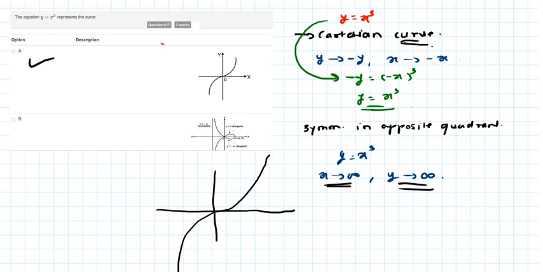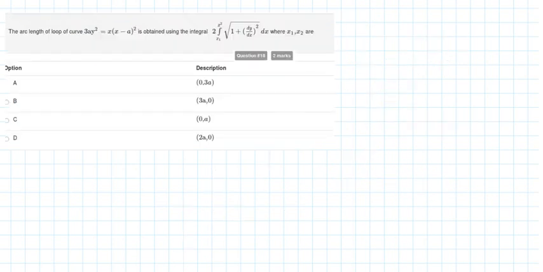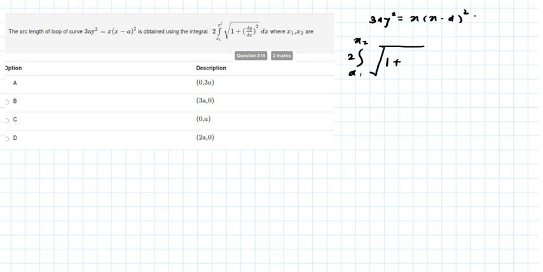Next example, the arc length of the loop of the curve 3ay square equal to x into x minus a square, using the integral from x1 to x2 of under root 1 plus dy by dx square dx. Our question is to find the values for x1 and x2.